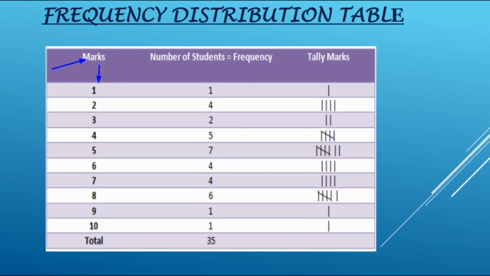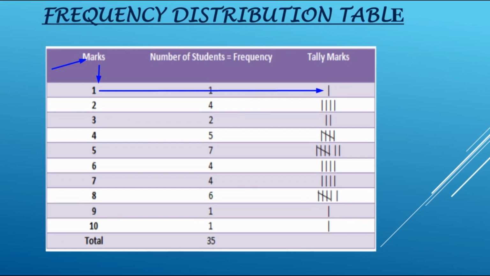Now, one mark is scored by how many children? That is actually shown by tally marks here. So tally represents how many times that number appears in the given data.